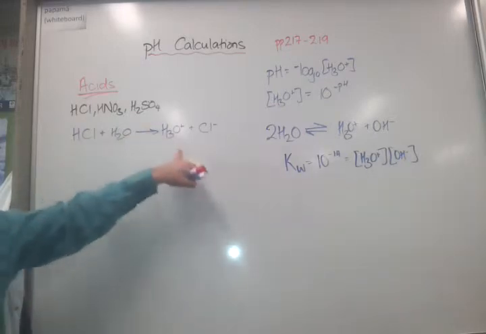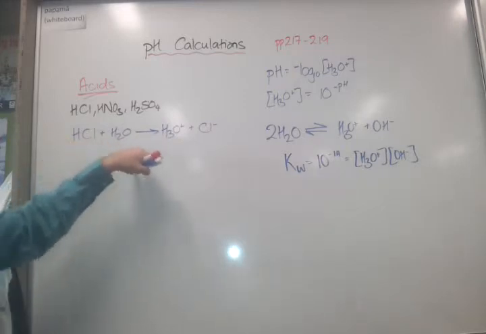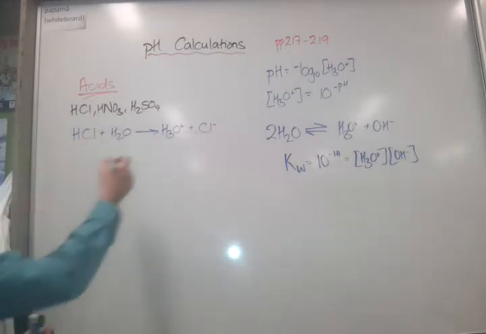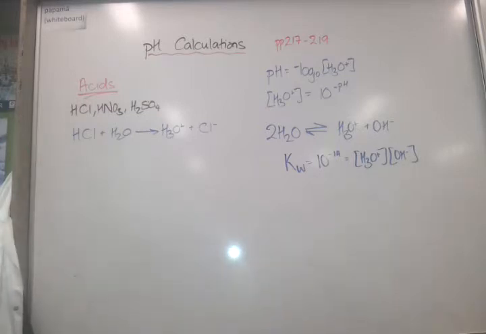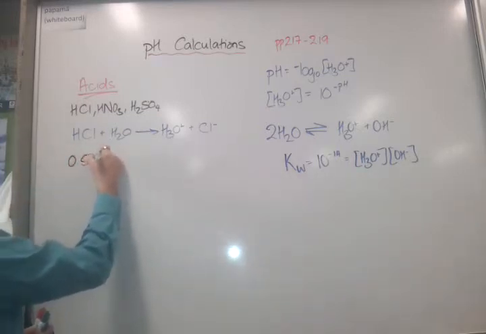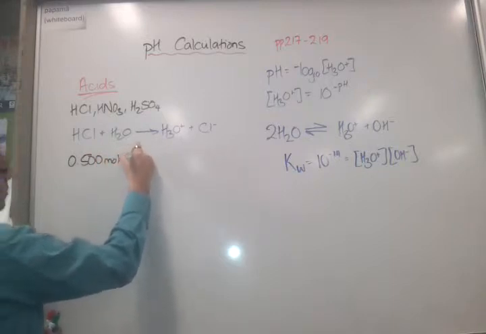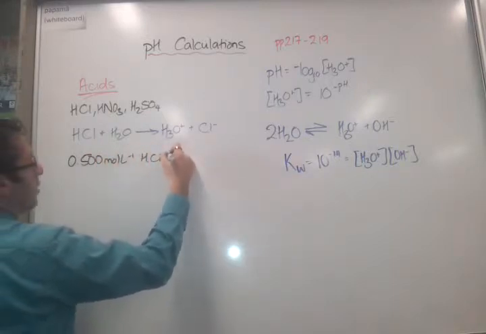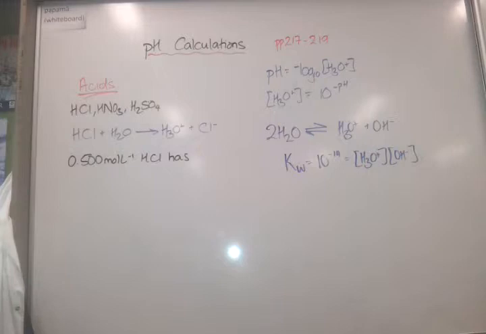They've all turned into these two. We can see that everything's in a 1-to-1 ratio. So that means if it was 0.5 moles per litre, it has got 0.500 moles per litre of hydronium ions.